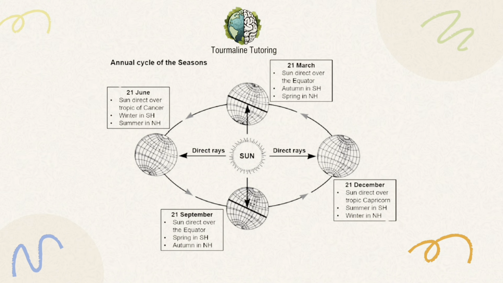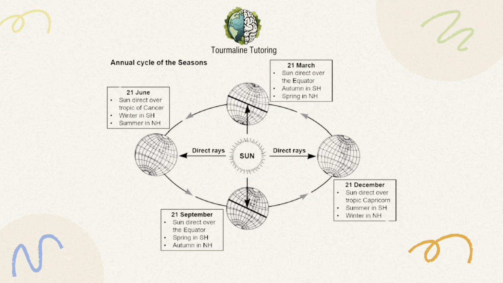Equinox because that is the date which marks equal day and night. However, in the northern hemisphere it is spring, so they experience the spring equinox. On that day, the sun is directly over the equator, which is why we experience equal day and night in the northern and southern hemispheres.